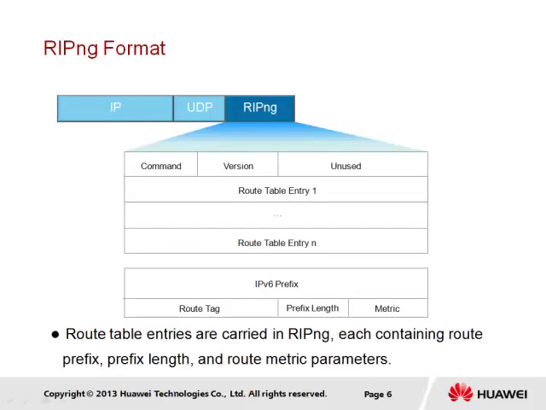If we take a look at the format of the message header for RIPng, we find that the general format of the protocol contains fields similar to those found within RIP for IPv4, including the command field that specifies whether a RIP message is a request or response, the version, which for IPv6 is considered version 1 of RIPng, and routing table entries.